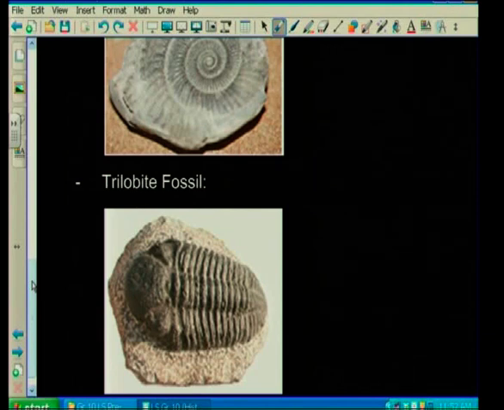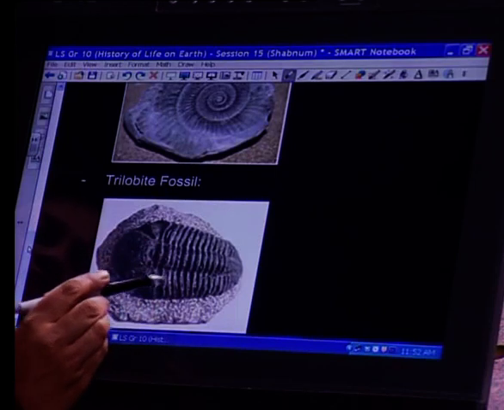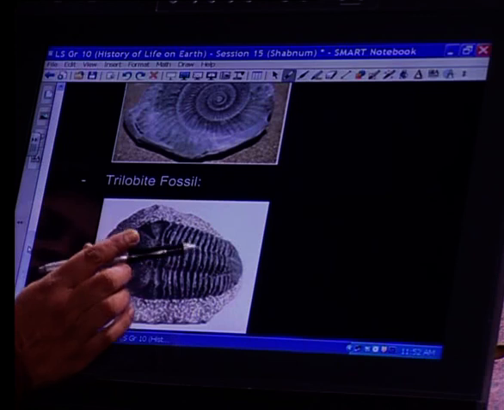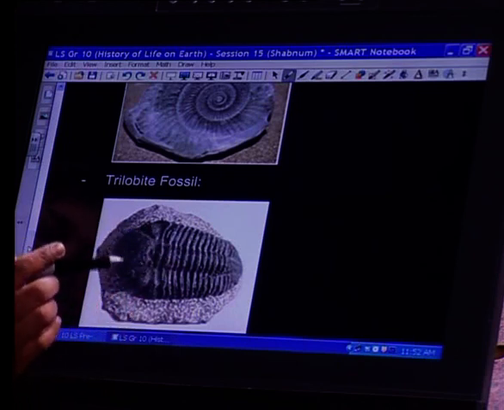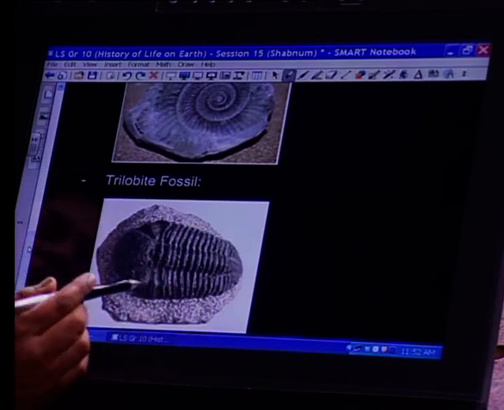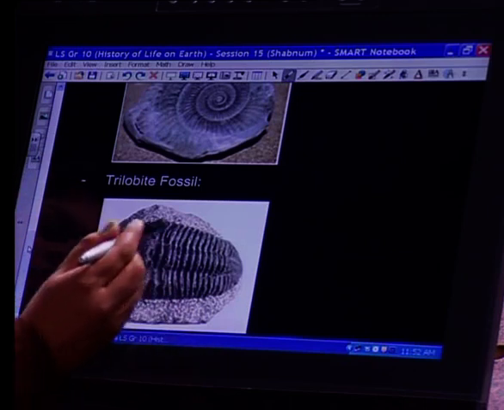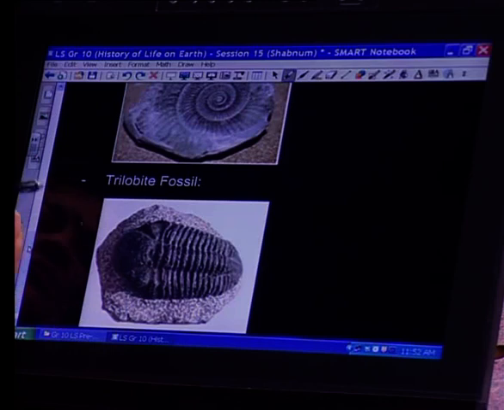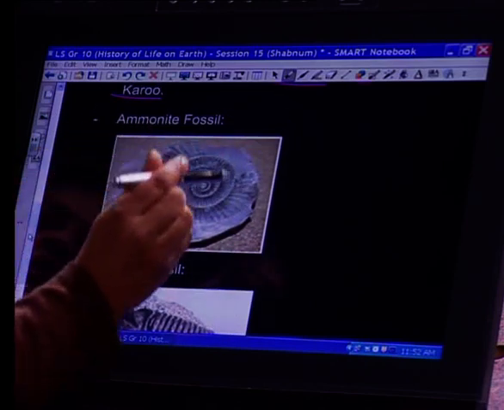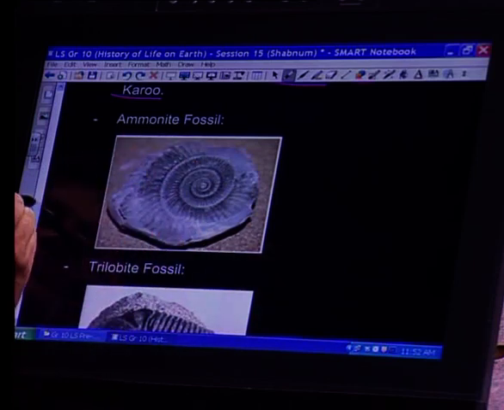A trilobite has a very soft body part, and its outer crust, the exoskeleton, left an imprint on the sandstone or the mud, and that tells you that this invertebrate is a trilobite, which is characteristic of the Paleozoic era, and your ammonite is also part of the Paleozoic era.